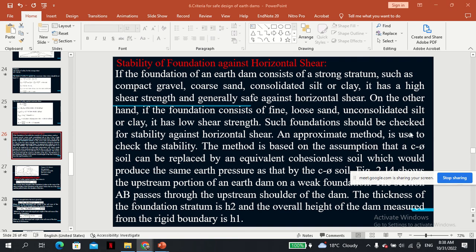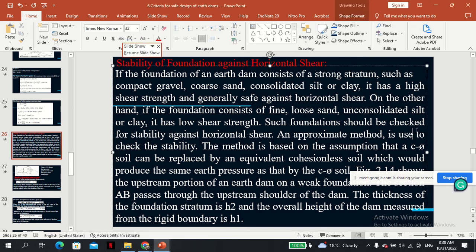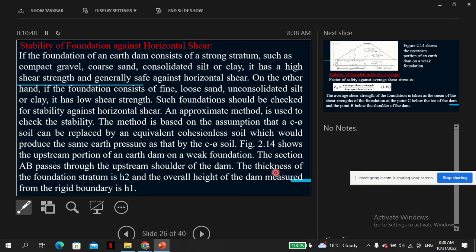An approximate method is used. Yes, it's used to check stability.